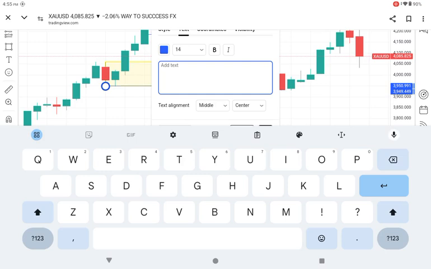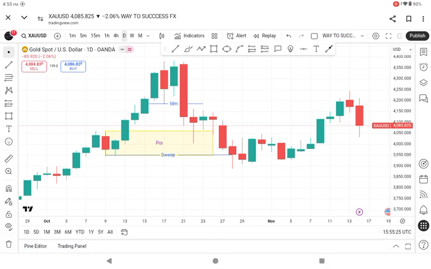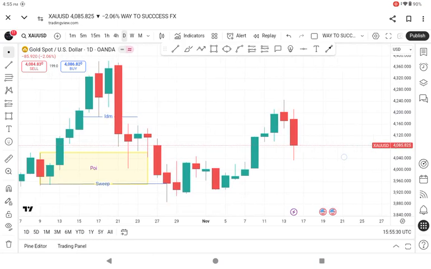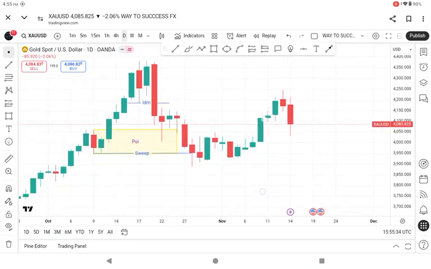If price had closed below it, I would have been thinking we may be continuing to the downside, but price didn't close below it. So now what do I have? I have a sweep of liquidity below my POI.